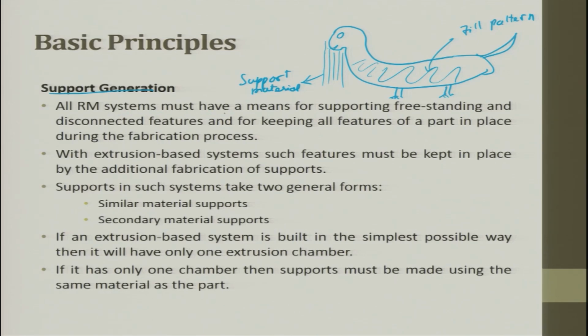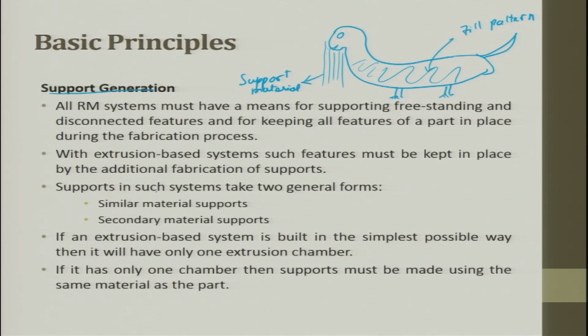All RM systems must have a means of supporting freestanding and disconnected features, and for keeping all features of the part in place during the fabrication process. With extrusion based systems, such features must be kept in place by the additional fabrication of supports.